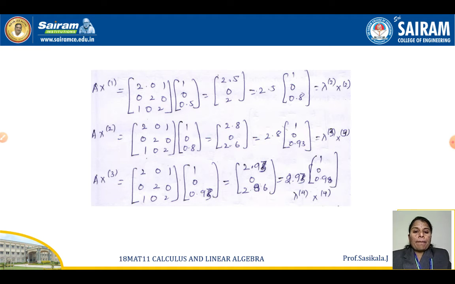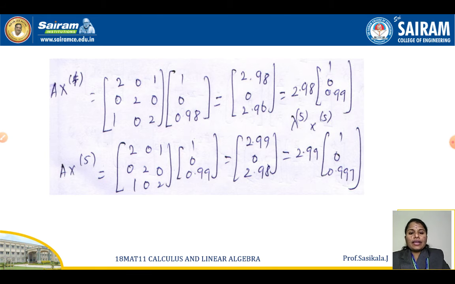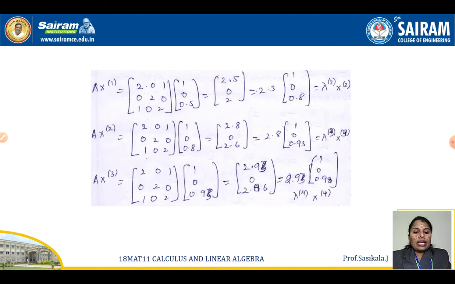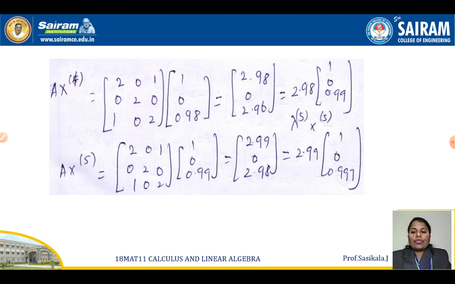So you can compare x of 4 and x of 3; we are almost getting the same, right? So we are going to do one more iteration. A into x of 4, I'll get 2.98, 0, 2.96, which is equal to 2.98, which you can take out. So 1, 0, and 2.96 by 2.98 will give 0.99.